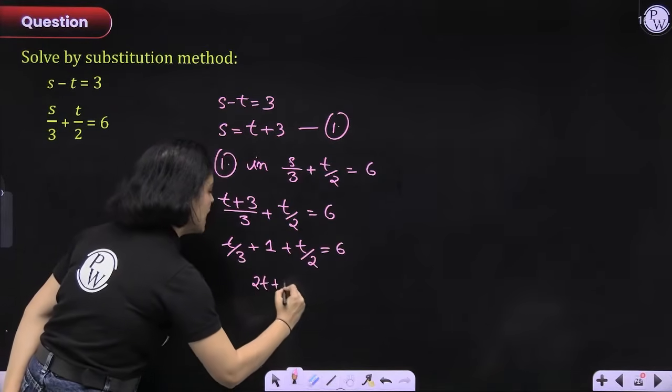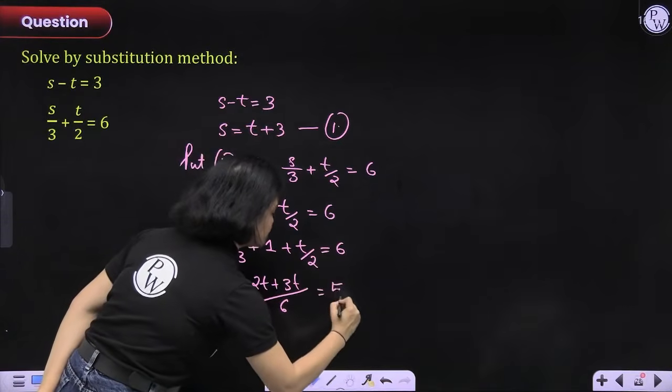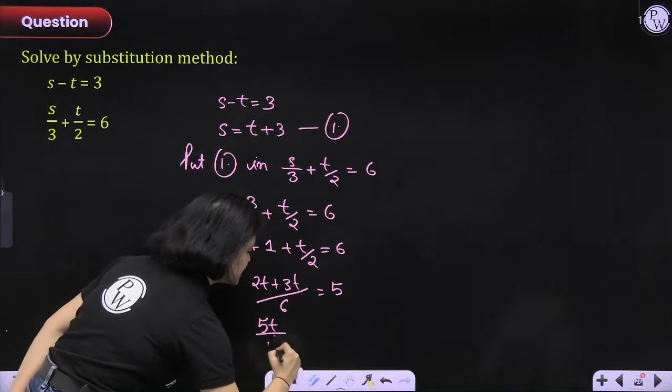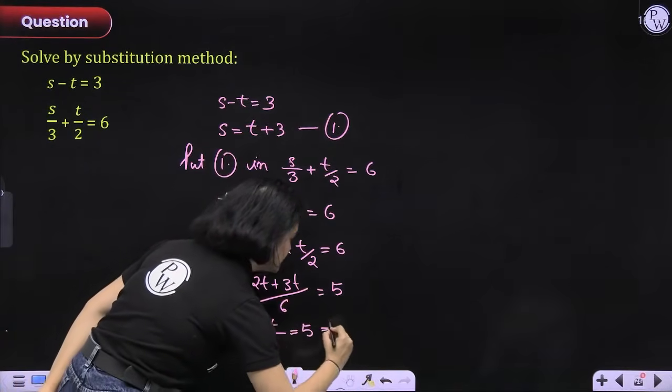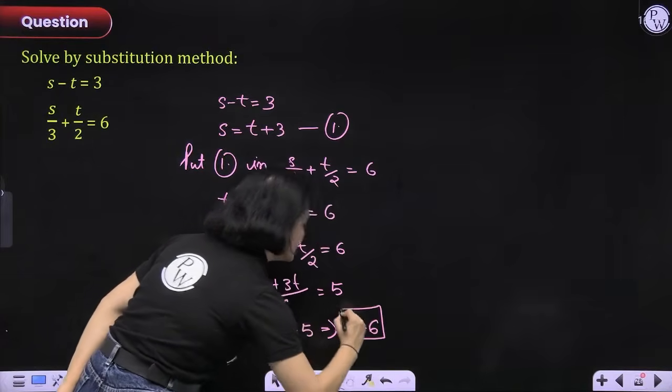You will get (2t plus 3t) over 6. 1 will go on the other side as 5. So you will have 5t over 6 is equal to 5, and from here you will get t as 6. t comes out to be 6, everyone.